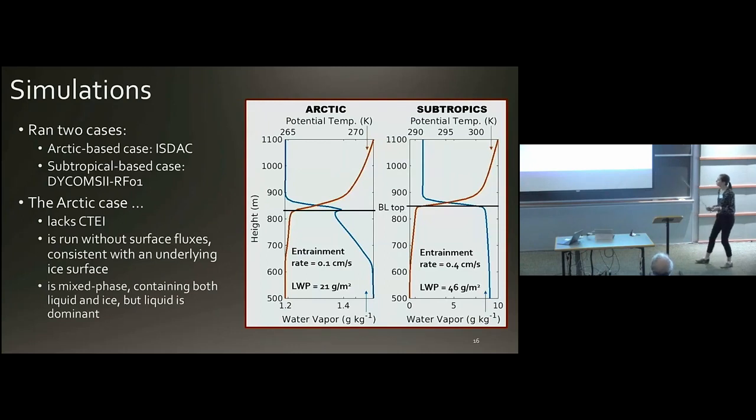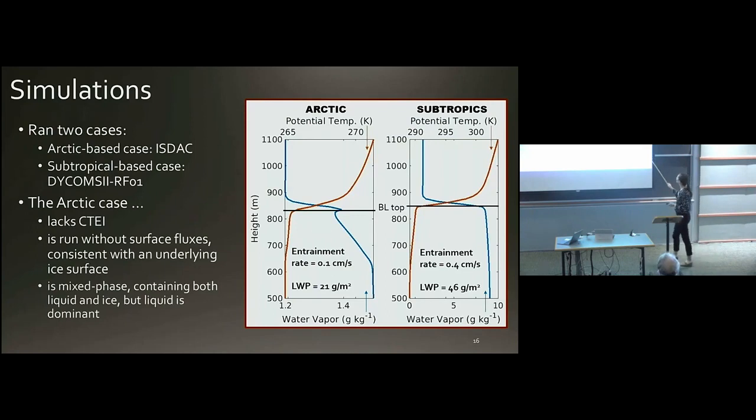So I'm going to be presenting two cases today. So back to a single case study. No, it's a double case study. The first, I'll start over here. I have a subtropical case from this DYCOMS-II research flight 1, which actually got mentioned this morning as being the one that we use all the time and that we need to move away from.